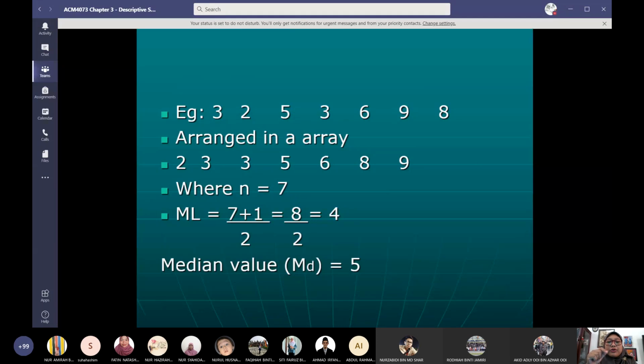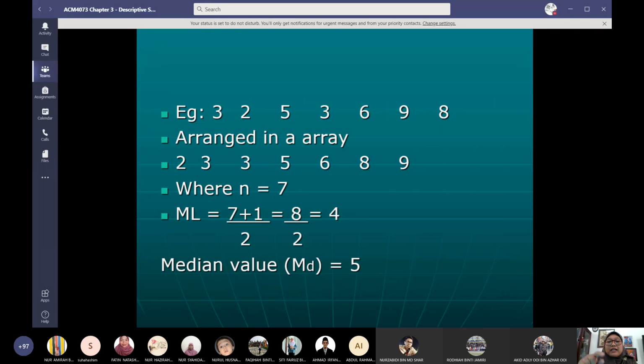So you don't have 4 in this array, but you look at 4 not as the score, but as the fourth. The fourth means the number 4. So you count from the left, 1, 2, 3, 4.